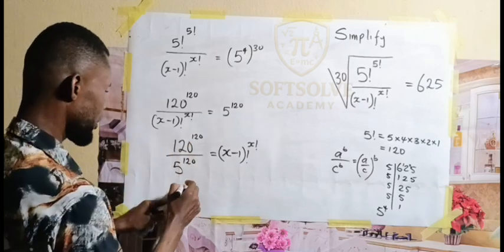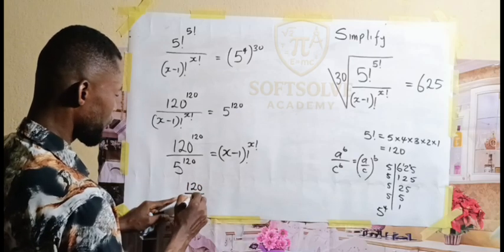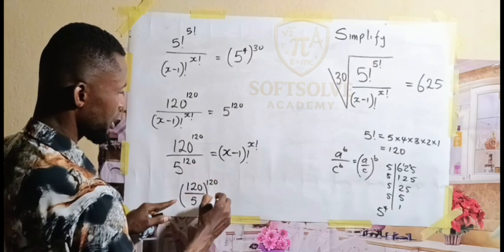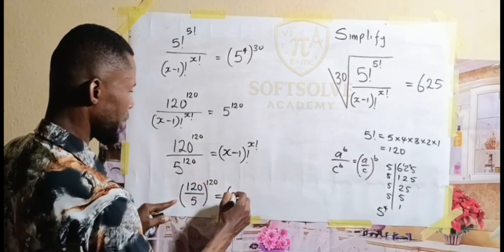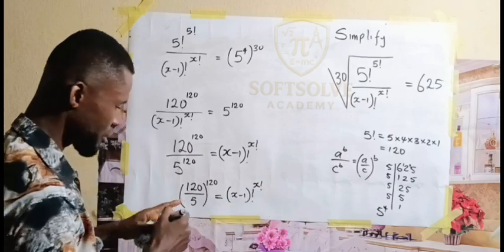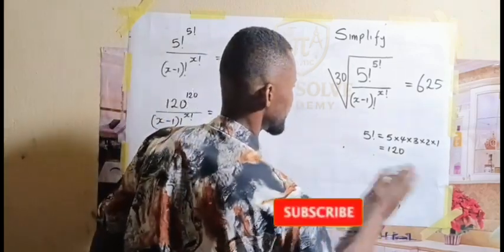So we factor them out to be 120 over 5, all to the power of 120, and that should be equal to x minus 1 factorial raised to the power of x factorial.